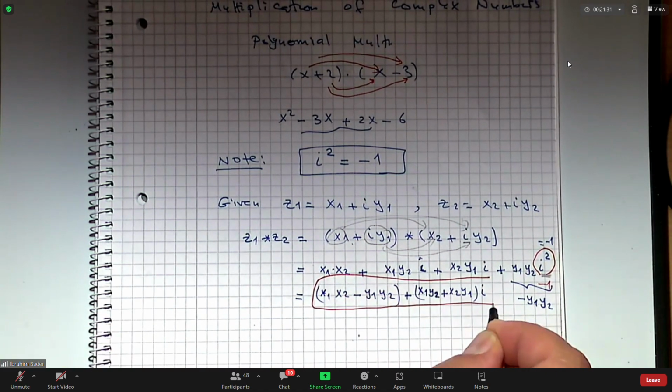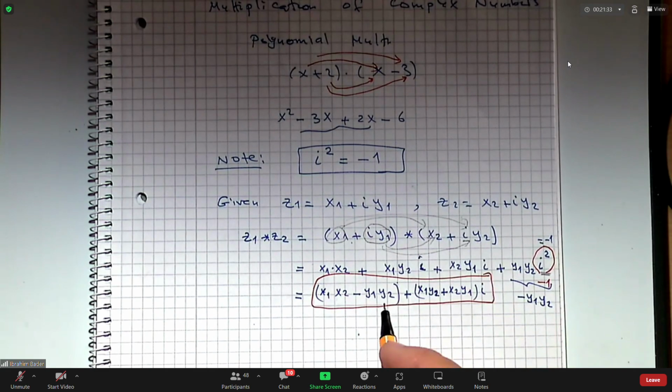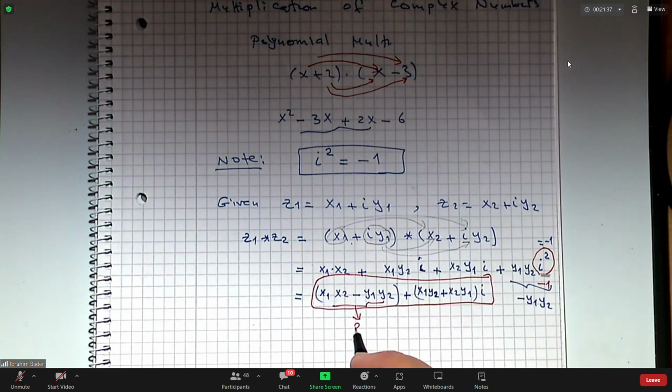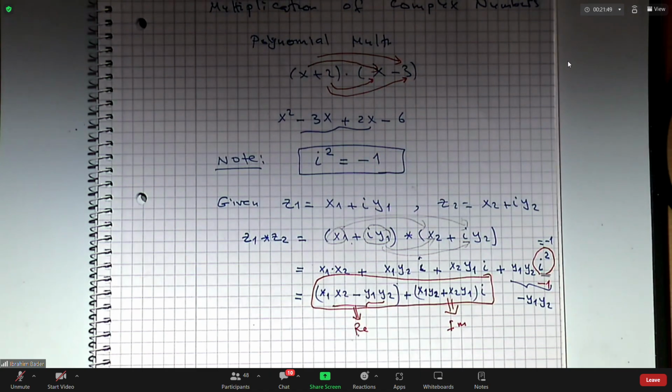And notice that this is in a standard form. So this is the real part of the multiplication, and this is the imaginary part of the multiplication. Okay, any questions regarding multiplication?